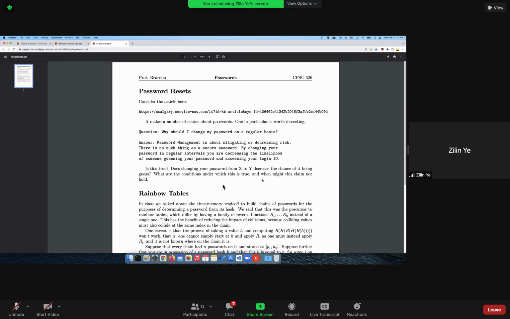So that brings up another problem. If both of those cases are not true, like the university's database is not compromised and I'm not reusing a password from other websites, it's still considered a secure password, right?